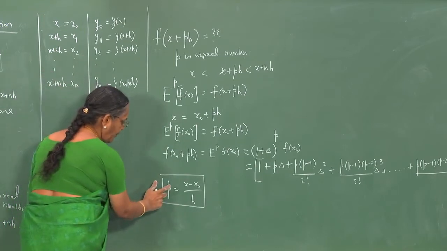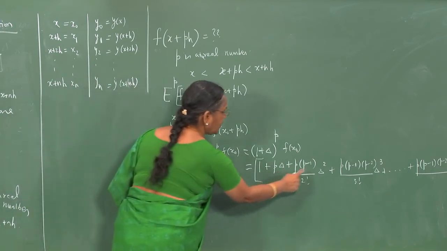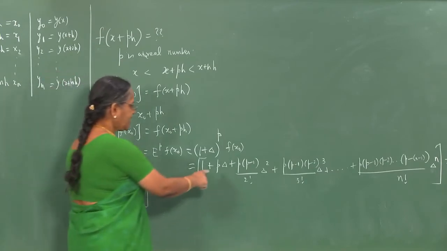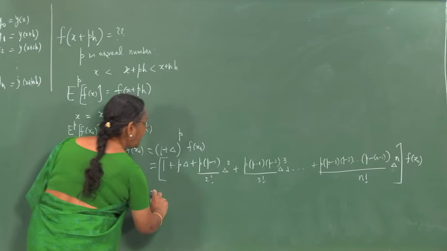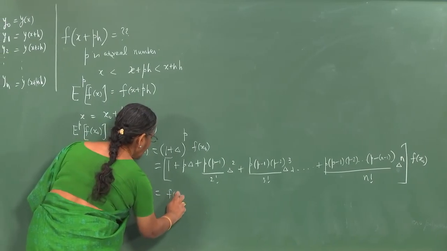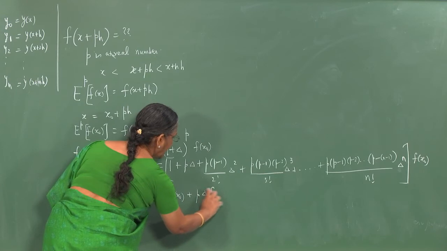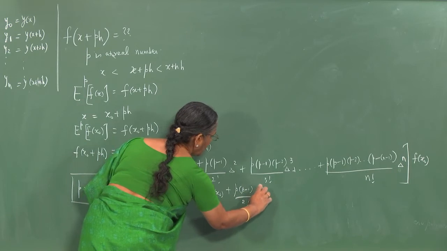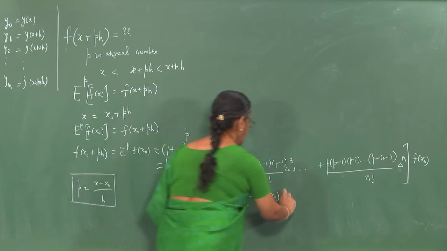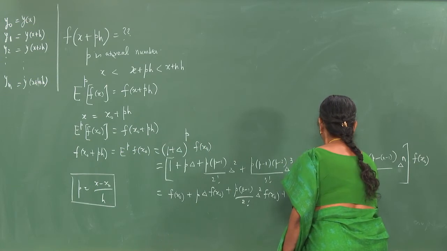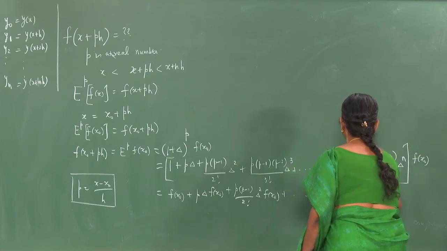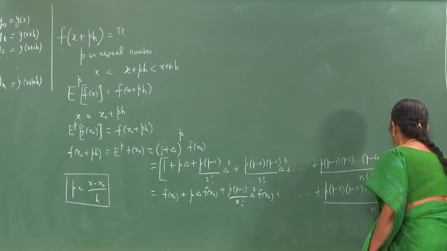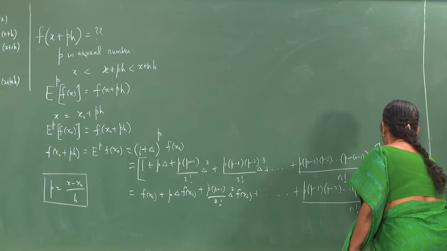So, I compute what p is and substitute the p in this expression and then get all these forward differences, namely it is going to be f of x naught plus p into delta f of x naught plus p into p minus 1 by factorial 2 del square f of x naught etc. plus p into p minus 1, p minus 2 etc. p minus n plus 1 by factorial n into del power n f of x naught.